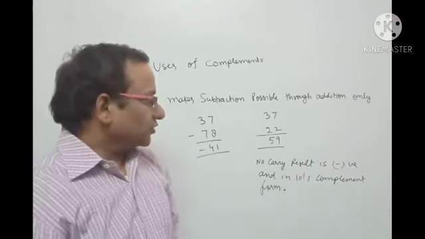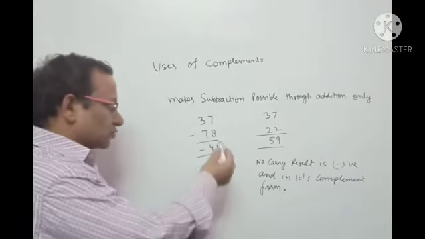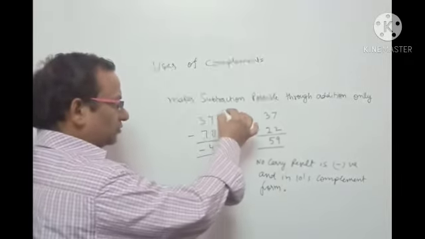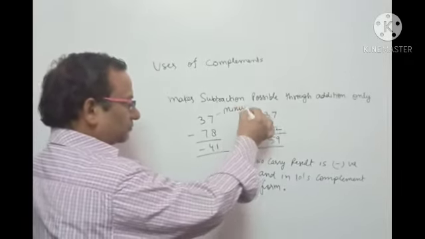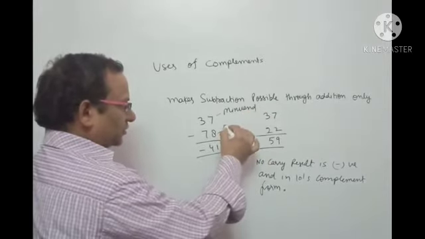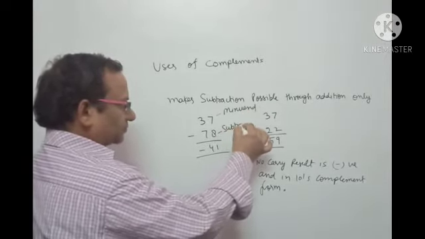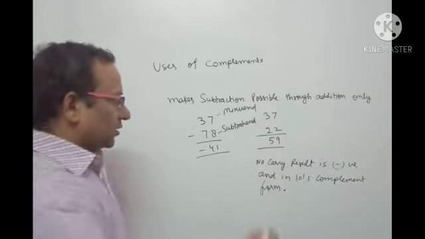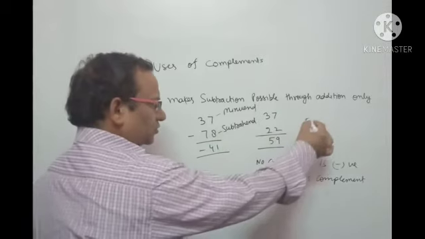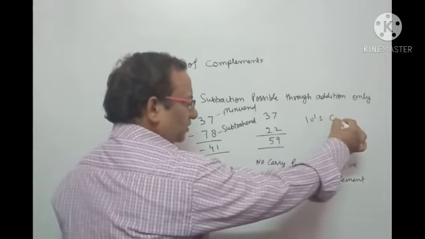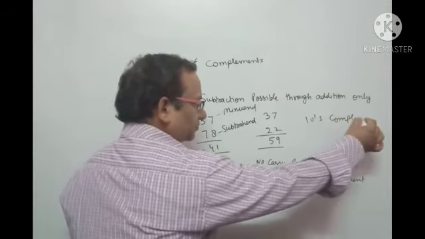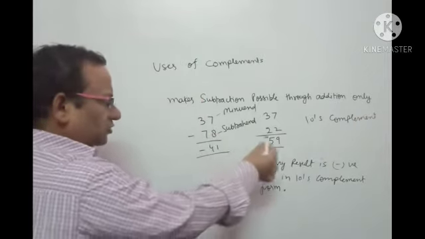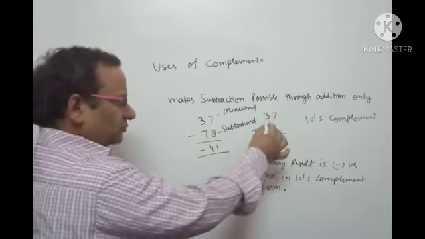Let us take another case where we have to subtract a bigger number from a smaller number, like from 37, which is the minuend, we have to subtract 78, that is the subtrahend. The procedure is the same, take the tens complement of this if we are doing it by the tens complement procedure. So take the tens complement of 78, which is 22, and add to the minuend.